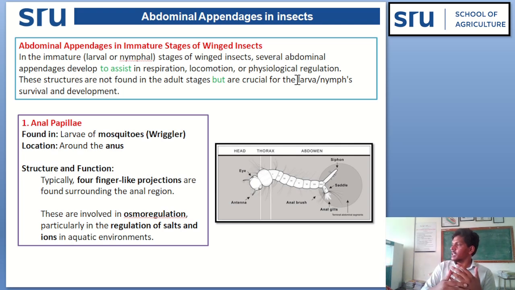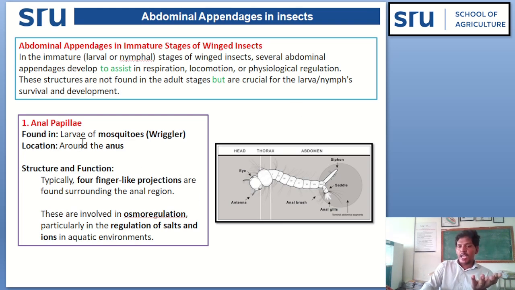We will see these appendages in detail along with their functions in the coming slides. These structures are not found in the adult stage. That's why the heading is abdominal appendages in immature stages of winged insects, but they are very important for larval and nymphal survival and development. They are very important for their survival and growth.